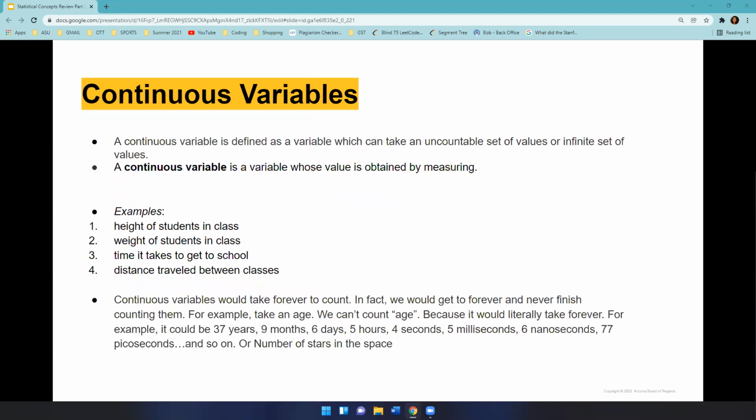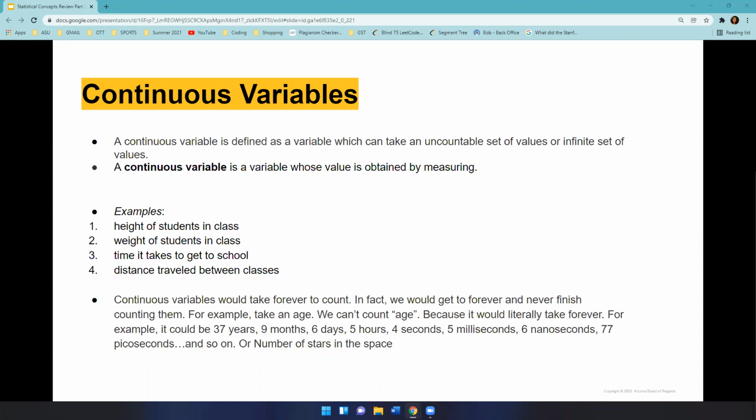Next we have continuous variables. Continuous variables are basically defined as a variable which can take an uncountable set of values. Uncountable set of values as in infinite values. So basically these are the variables which are obtained by measuring. So examples are height of students in a class, weight of students in a class.